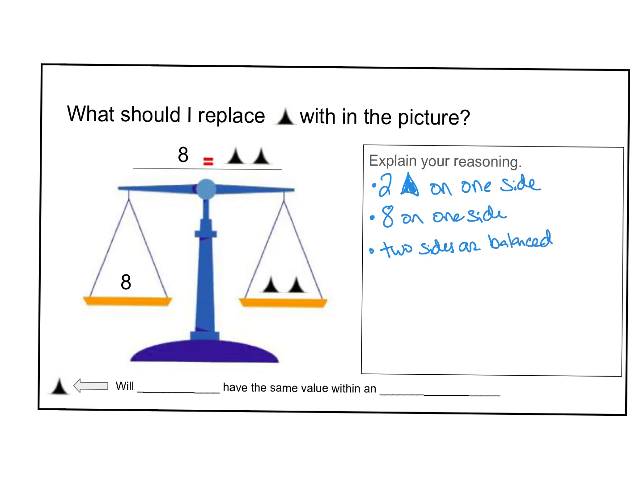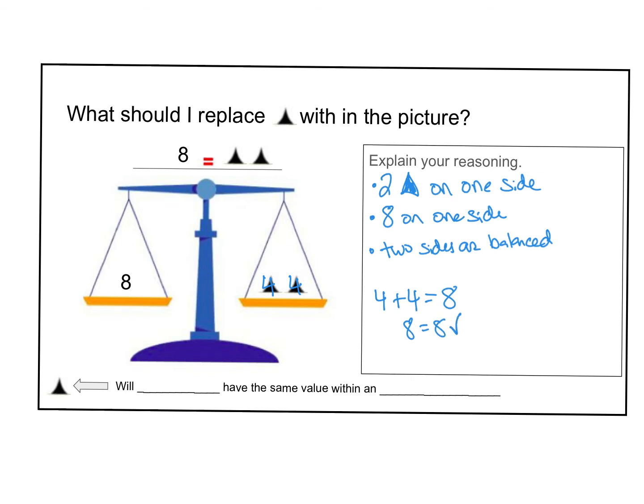So since they're balanced, we have to think of something that when it is put together would equal 8. In this case, it would be 4, because we know that 4 plus 4 is equal to 8, so that would check out.